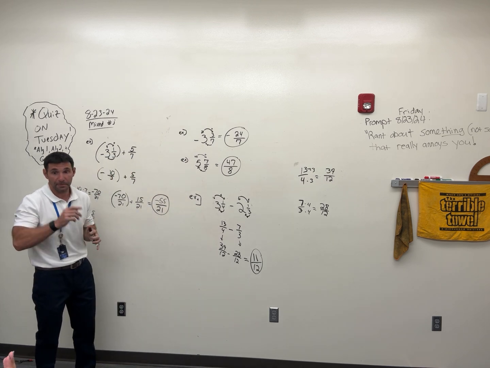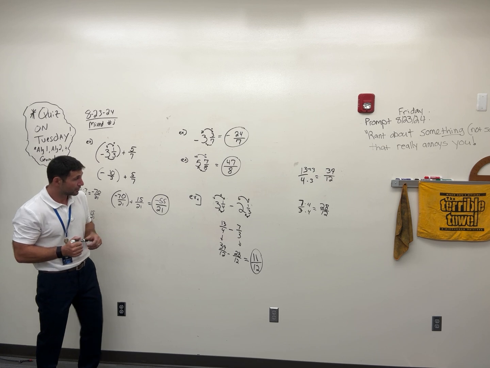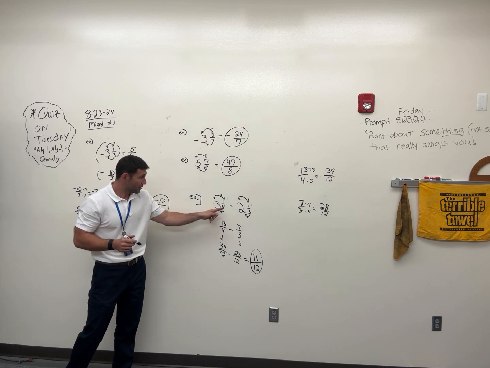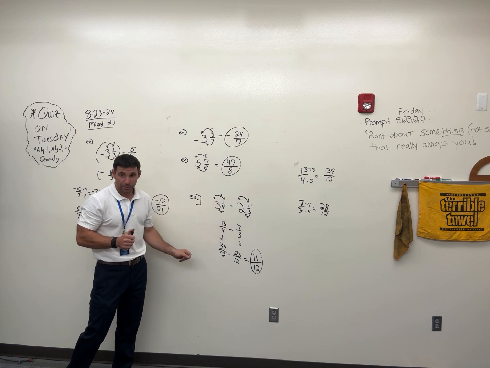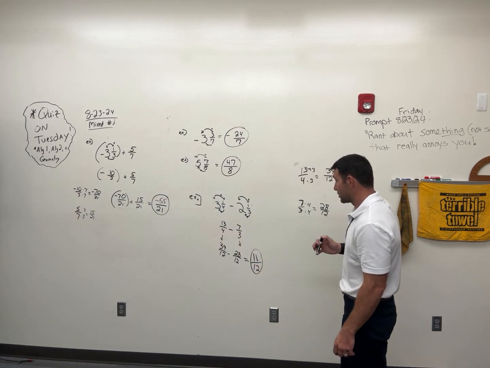Yes, ma'am. When I got 28 over 12, but how'd you get like 13 over 4? Oh, yeah, 4. 4 times 3 is 12, plus 1 is 13, over the 4. So to get to 39 over here, don't you like switch it to like 3 times 4?